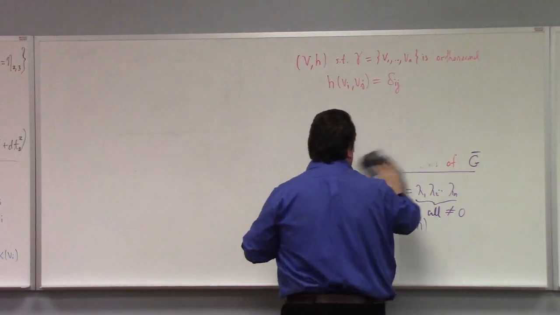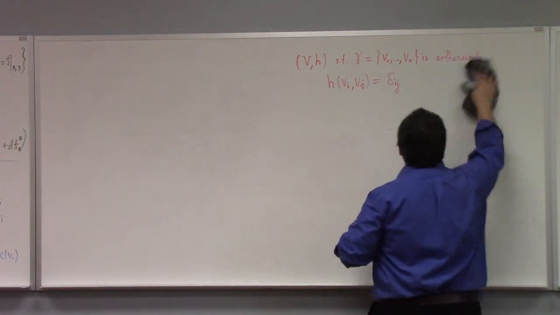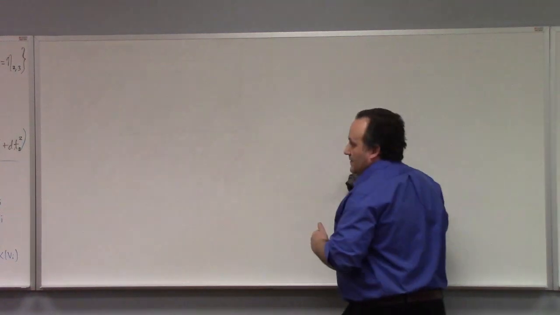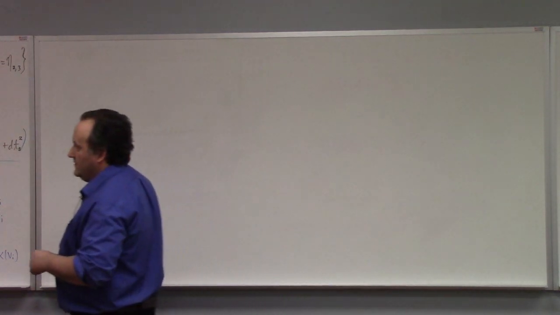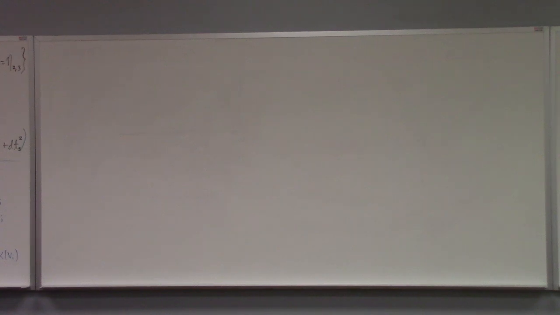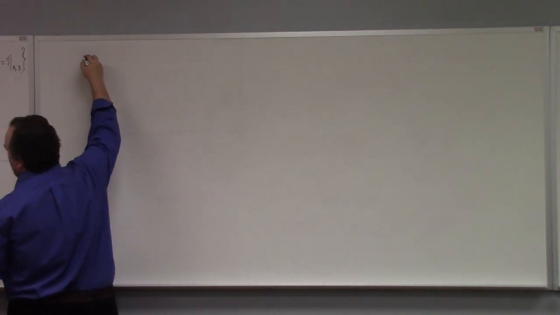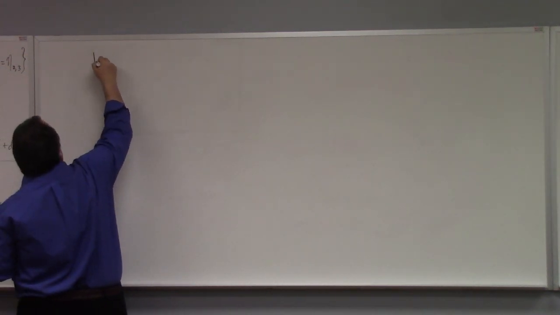What is x sub I? That is the covariant component of X. It's beta of Xi.